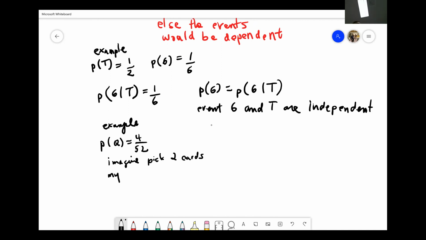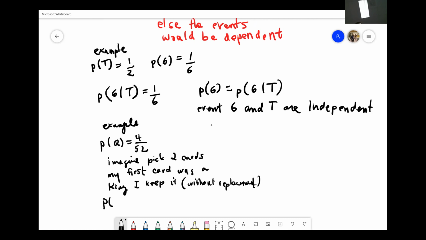My first card was a king. I keep it. Usually what they're going to say is without replacement. That's the key word. So then what would be the probability of getting a queen given I just got the king?